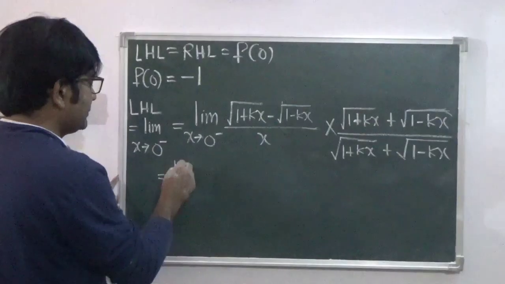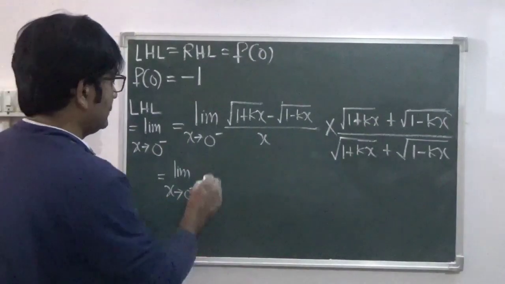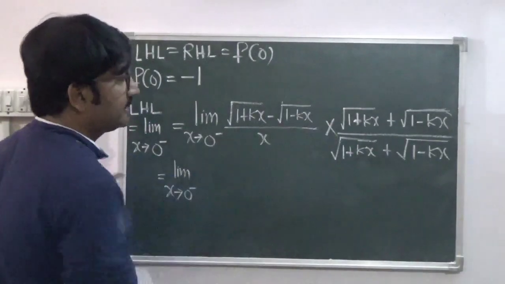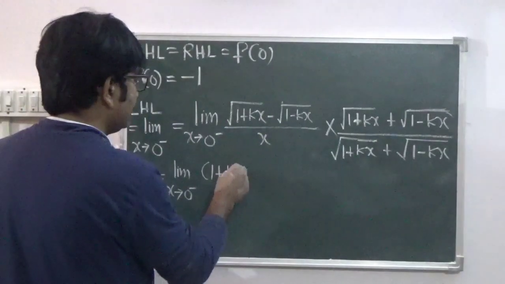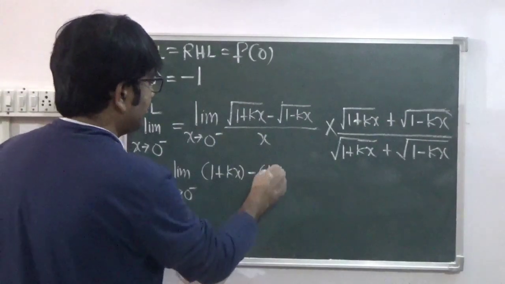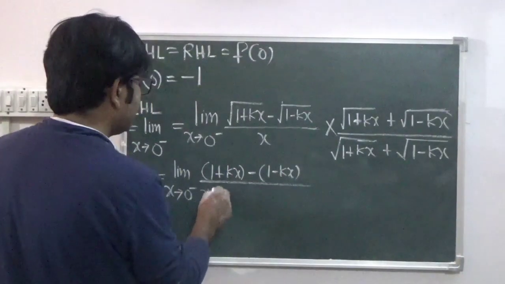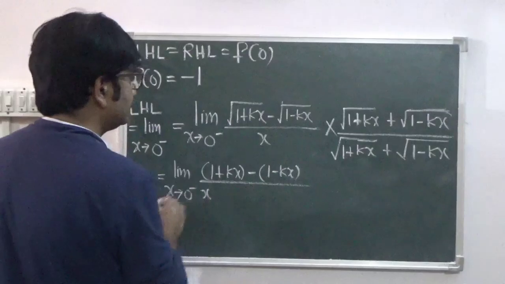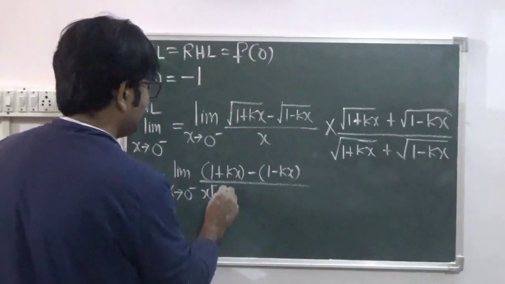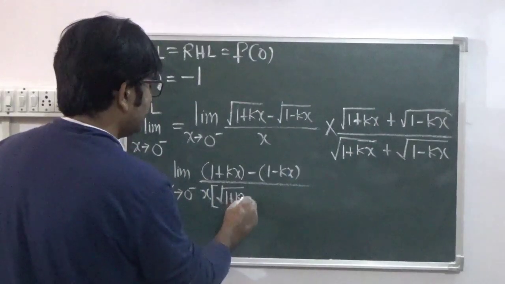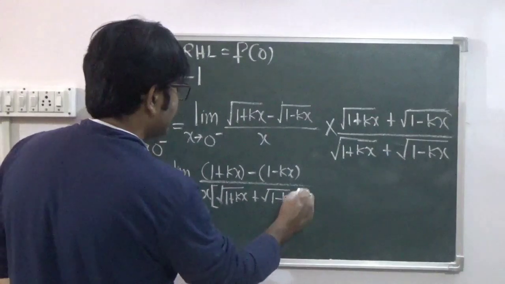So this becomes limit x tends to 0 negative, a minus b into a plus b, that is a square minus b square. So we have 1 plus kx minus 1 minus kx by x into root over 1 plus kx plus root over 1 minus kx.